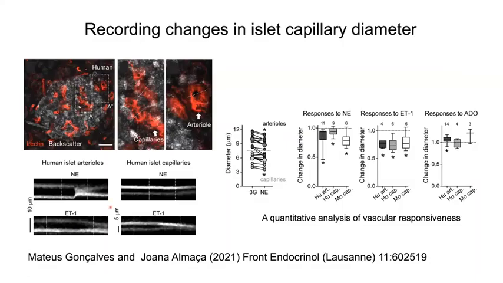Surprisingly, this can be performed in slices. Of course, there is no blood flow there, but what this slide illustrates is that you can measure changes in capillary diameter of the eyelid in a slice.